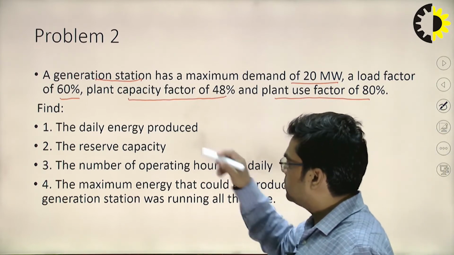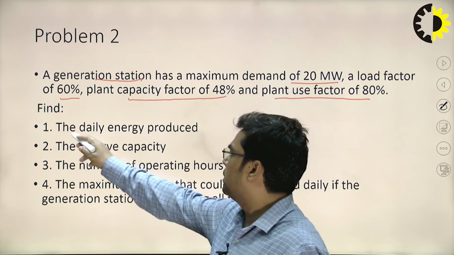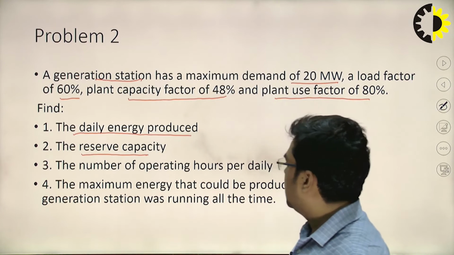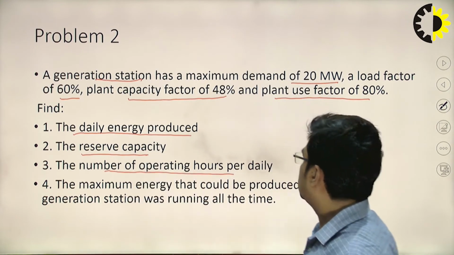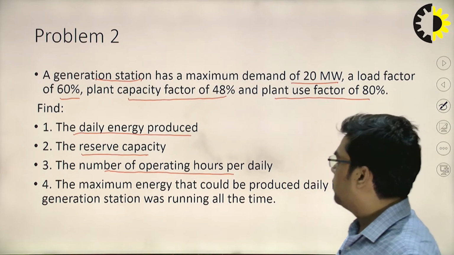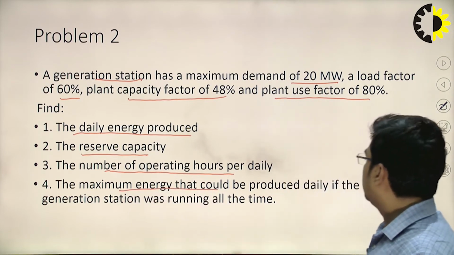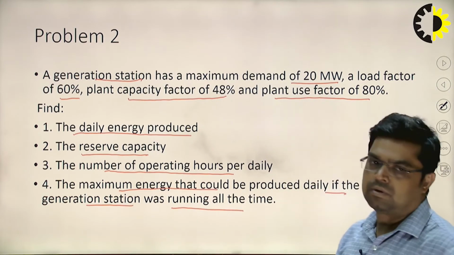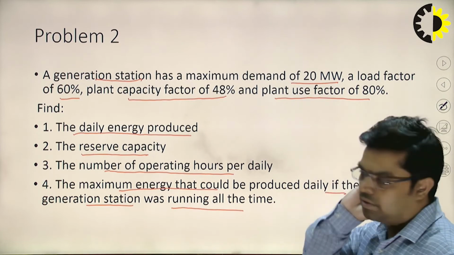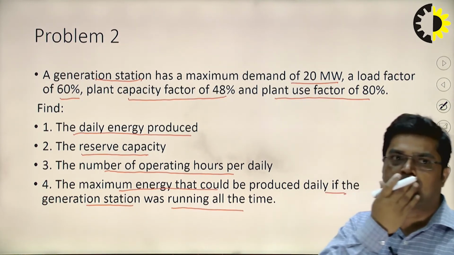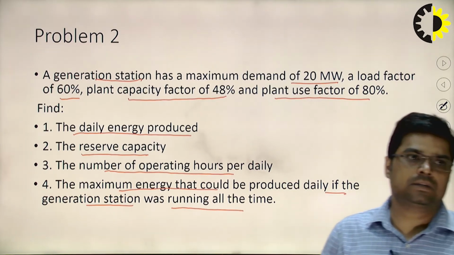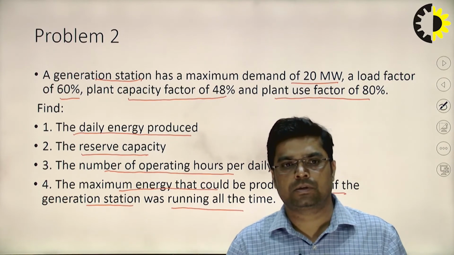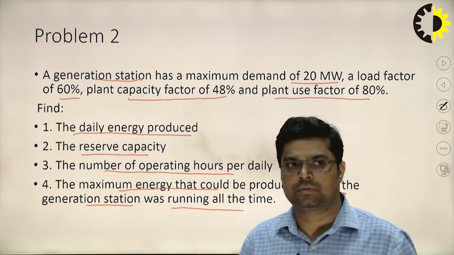We have to calculate the following points: the daily energy produced, the reserve capacity, the number of operating hours per day, and the maximum energy that could be produced daily if the generation station was running all the time. Based upon the given maximum demand, load factor, plant capacity factor and plant use factor, we have to calculate all these points.